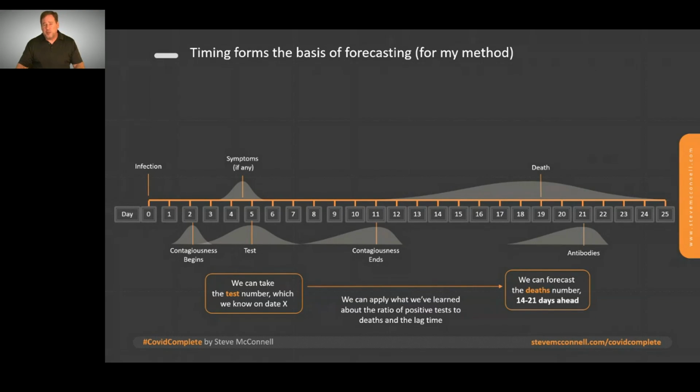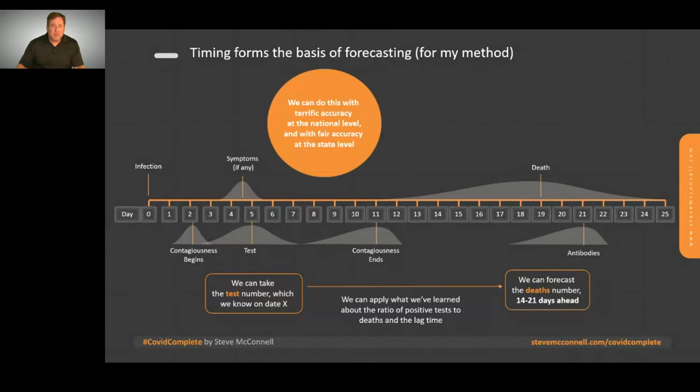That's been a bit of a moving target over the course of the pandemic, not so much because the disease has changed, but because the reporting timeliness has changed. As the reporting of tests has sped up and the reporting of deaths has gotten a little bit more reliable, the relationship between the timing of the test report and the timing of the death report has shifted over the course of the pandemic.